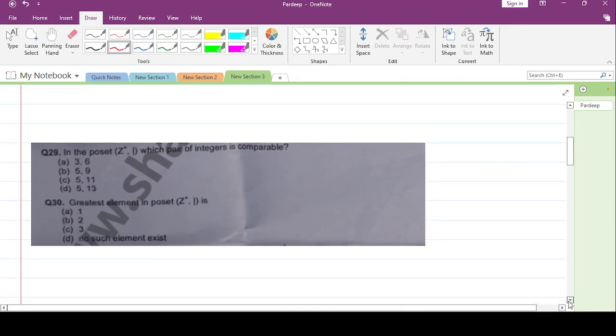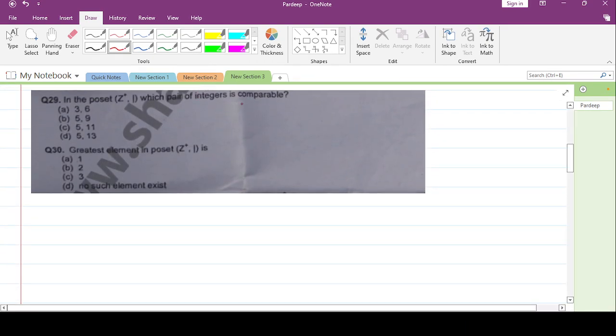Now the next question is which of the elements are comparable. Let me revise the definition of comparable elements. If A is in a relation with B, or B is in a relation with A, then we say that the elements are comparable.